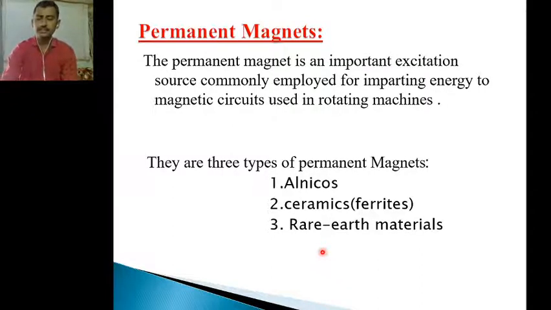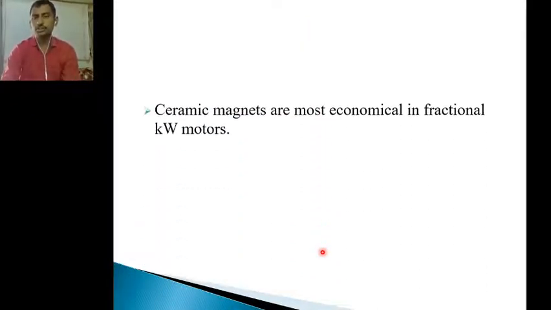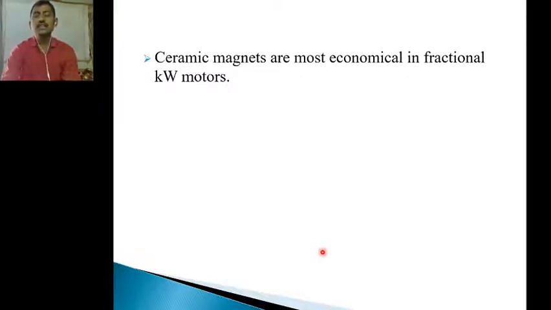First is ceramic magnets. Normally, alnico magnets are used in motors up to 200 kilowatts, and ceramic magnets are most economical for fractional kilowatt motors. The magnets are classified into three types: alnico magnets, ceramic magnets, and rare earth magnets.